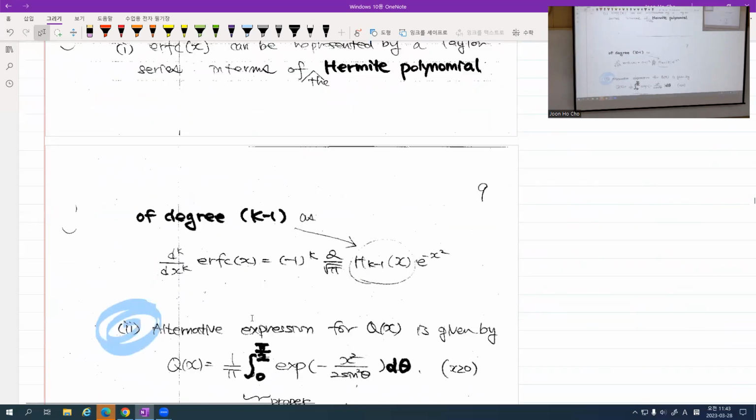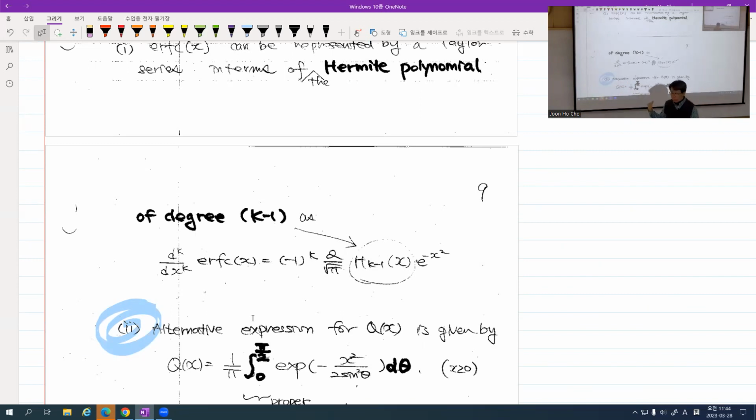And here goes a very interesting expression of an alternate integration form of the Q function. And this result was very, very recent with respect to me. It was very recently introduced to the Communications Society.